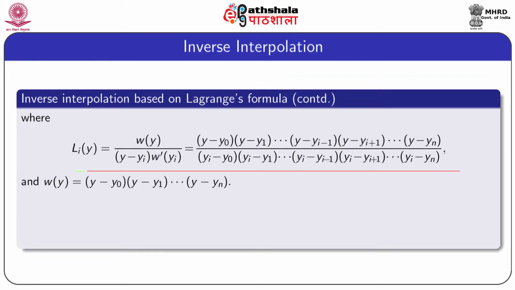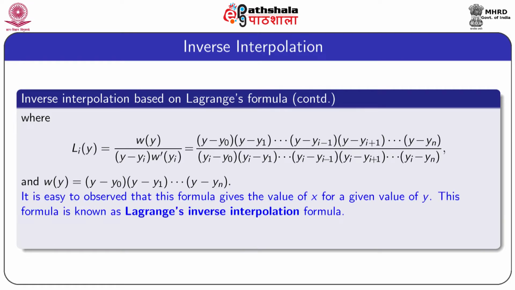The explicit form of li(y) is (y minus y0) into (y minus y1) up to (y minus yi minus 1) into (y minus yi plus 1) up to (y minus yn), whole divided by (yi minus y0) up to (yi minus yi minus 1) into (yi minus yi plus 1) up to (yi minus yn), and w(y) equal to (y minus y0) up to (y minus yn).